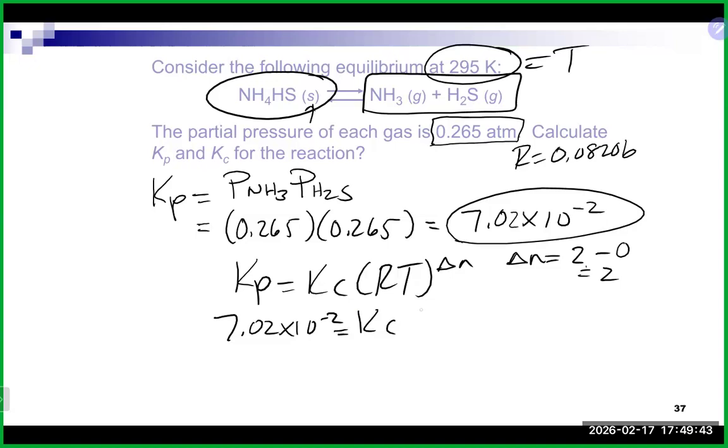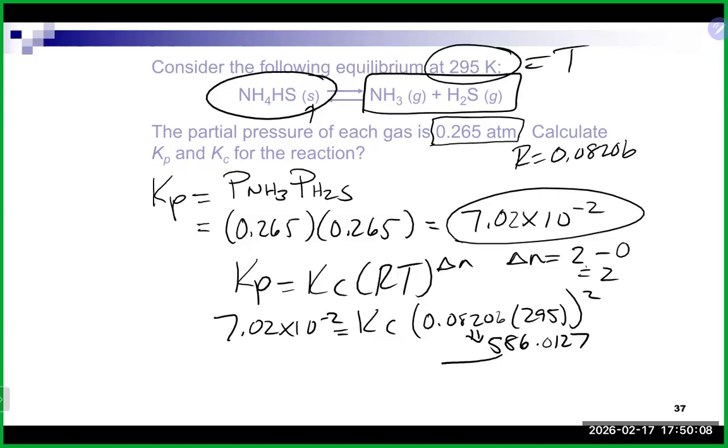For Kc, we have 0.08206 times our 295, and we're going to square it. We clean up a little bit there on the right-hand side: 0.08206 times 295 and a little squaring. This is going to get us about 586.0127.